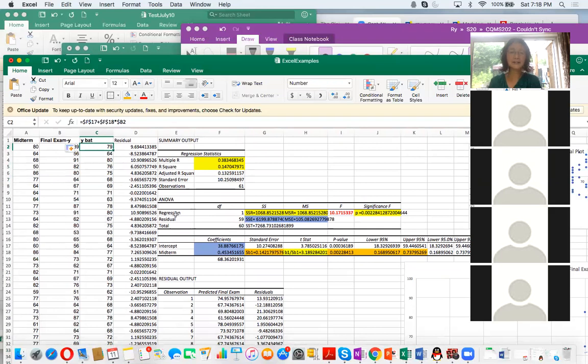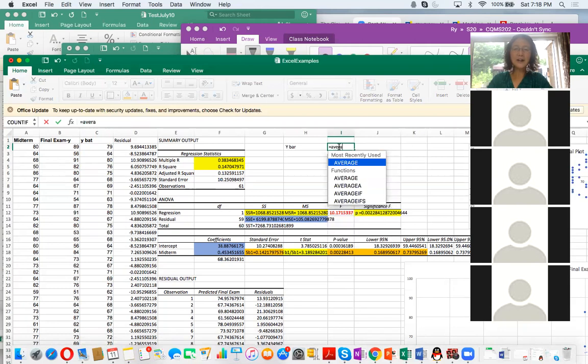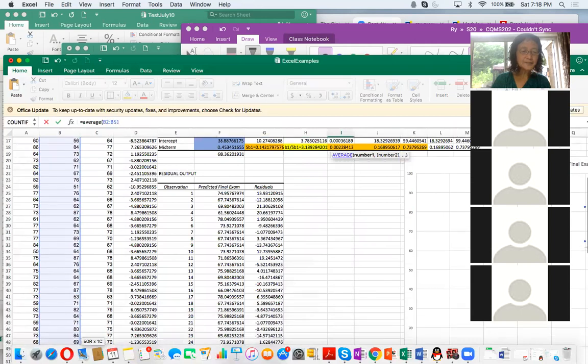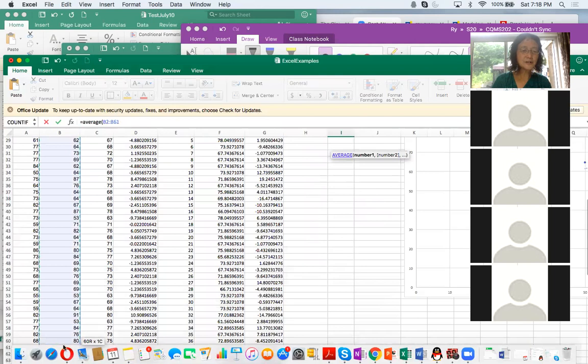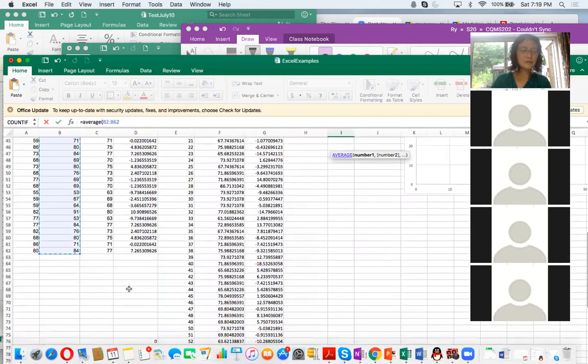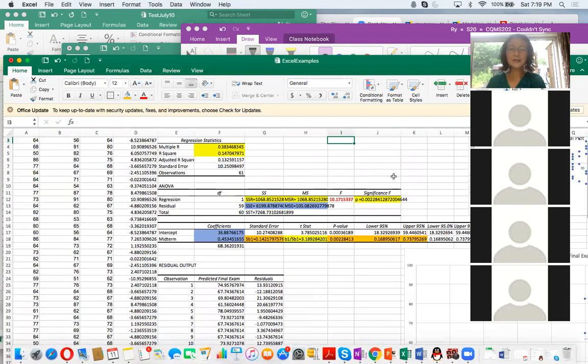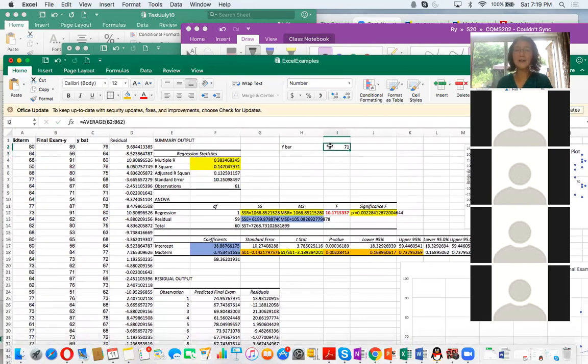Okay, so Y hat. Y bar is easy. Everybody knows Y bar, average Y. I'll put it here. What is Y bar? Y bar is the average Y, the average value here. So this is Y bar, average Y, 71.